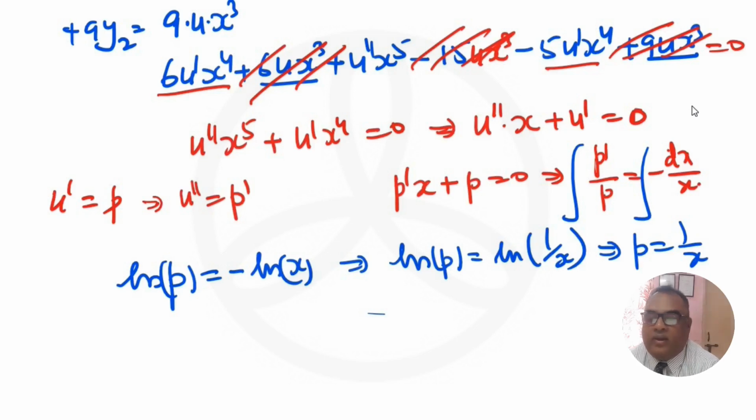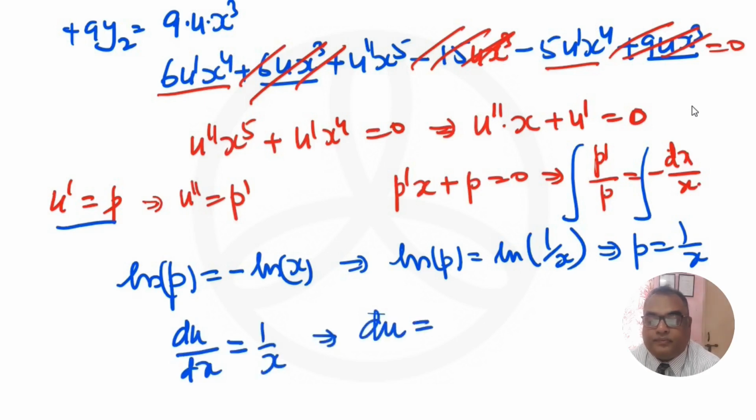And then we have here p is equal to u prime, which is nothing but this one. So we will have du is equal to dx by x. Apply integration to get u is equal to ln x plus ln of c1.